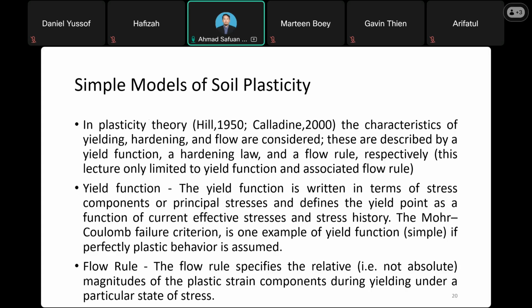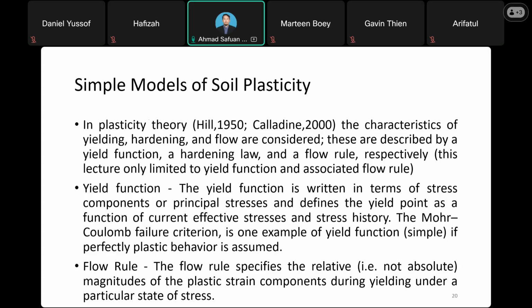The yield function is expressed in terms of the stress components or principal stress and defines the yield point as a function of the current effective stress and the stress history. The Mohr-Coulomb failure criterion is one example of the yield function if perfectly plastic behavior is assumed.